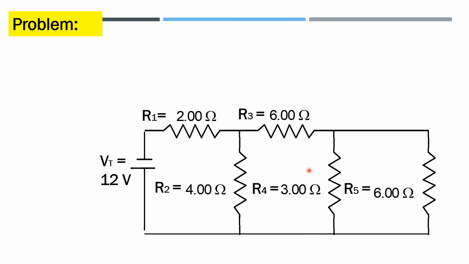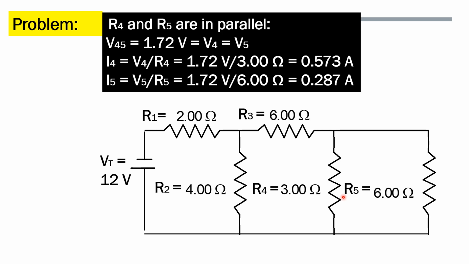And earlier, we already determined the voltage across the combination of R5 and R4 as well as the current across the combination of R5 and R4. Now, we make use of that to determine the individual currents through each of R4 and R5 as well as their individual voltages.